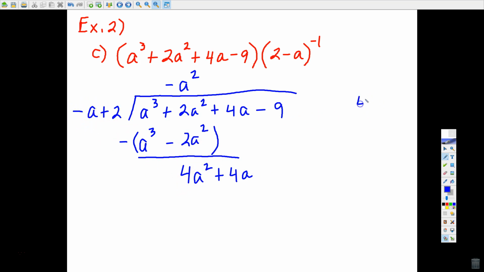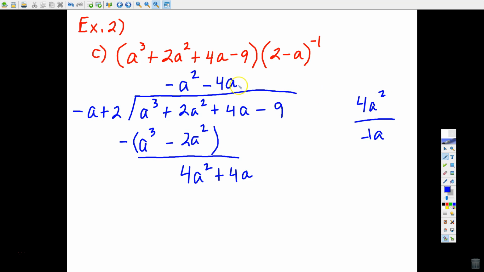and repeat that process. First term divided into first term. This time, if you need to write it off to the side like this to give you a better picture, that's certainly okay. We're going to have a negative result because positive divided by negative, so that's going to be negative 4 over negative 1. And then for the a, the variable, it's a to the 2 minus 1 power, a to the first.